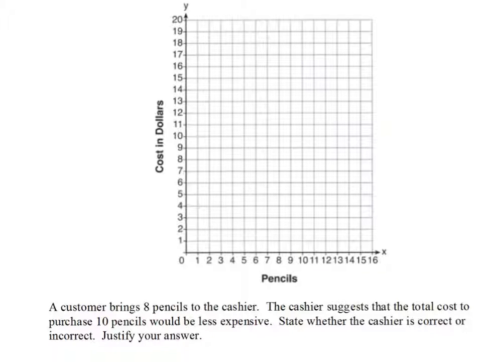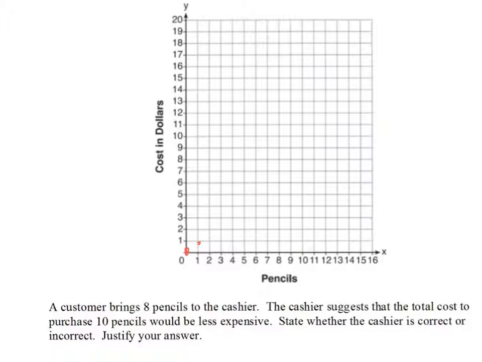So the first value is at 0, 0. Second value is at 1 and 1.75. Third, 3 and 5.25.